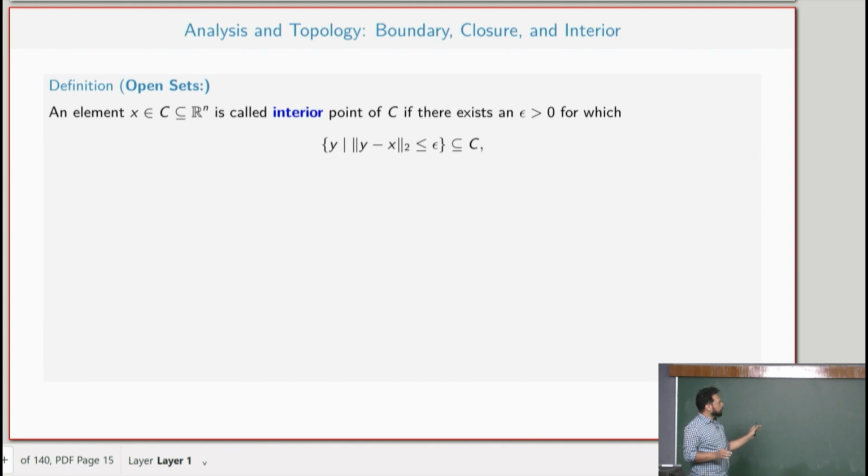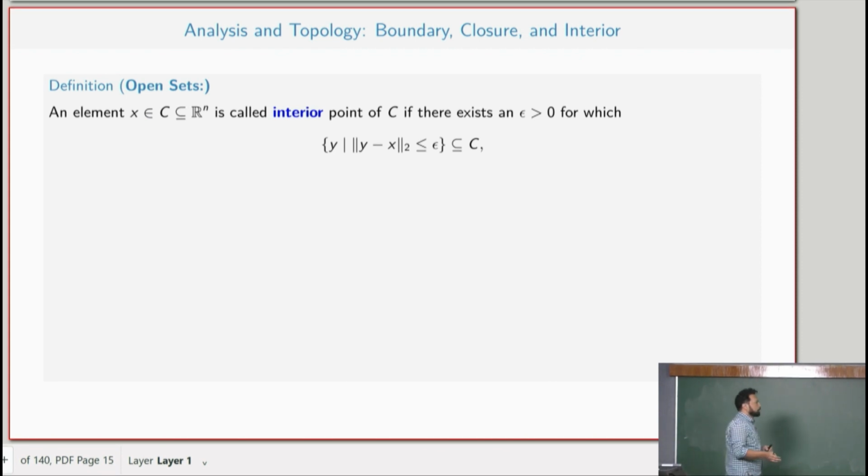Do you get it? If you take some time to see, a point x of a set is called an interior point if there exists an epsilon greater than 0 for which I can get an epsilon ball which is inside the set C. Then I call the element x an interior point.